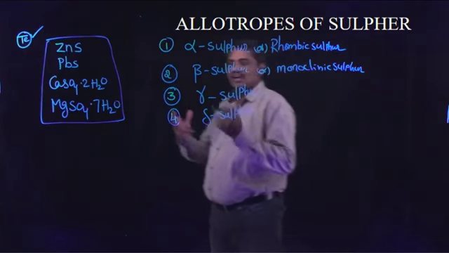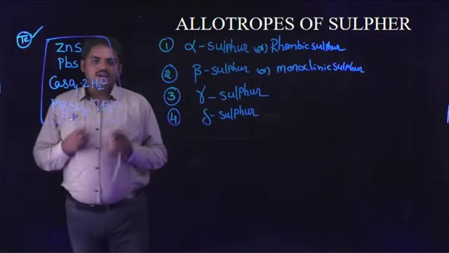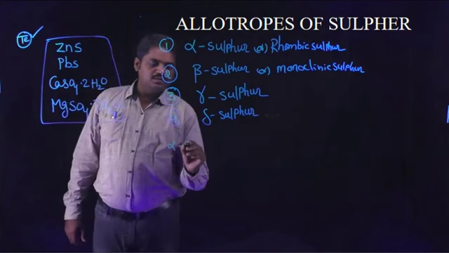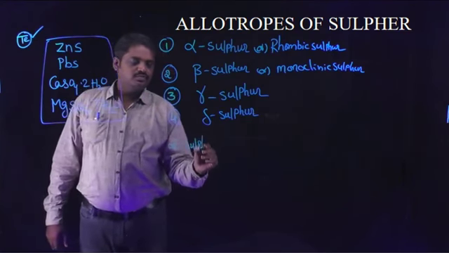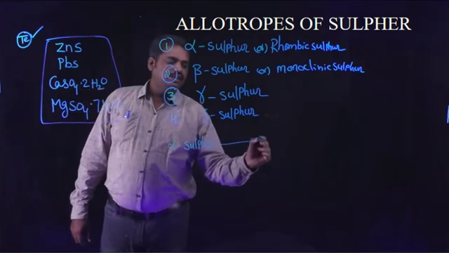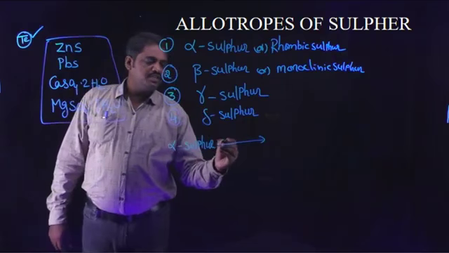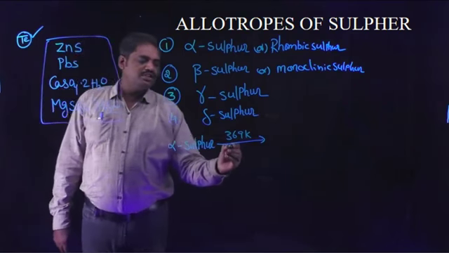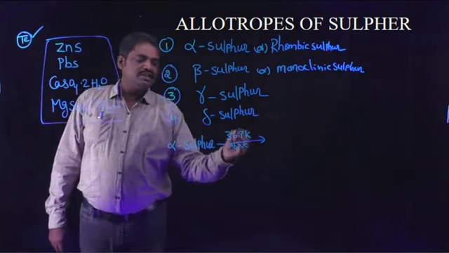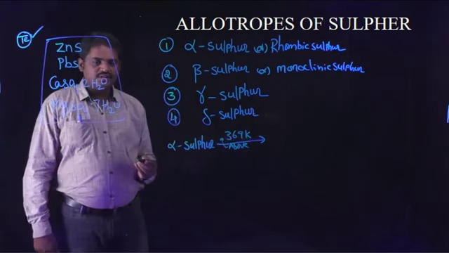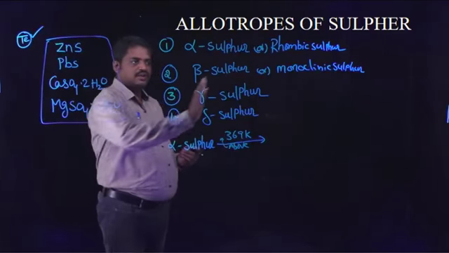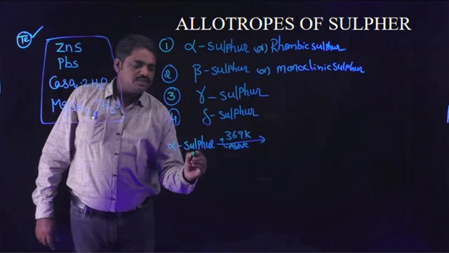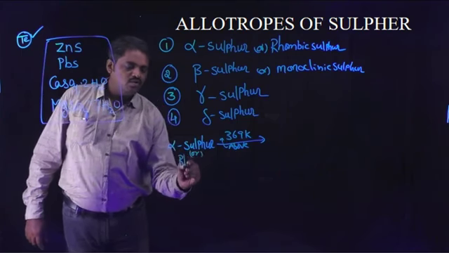First one, alpha sulfur. When alpha sulfur is heated above 369 kelvins, the alpha sulfur is converted to beta sulfur. Alpha sulfur, another name is rhombic sulfur.